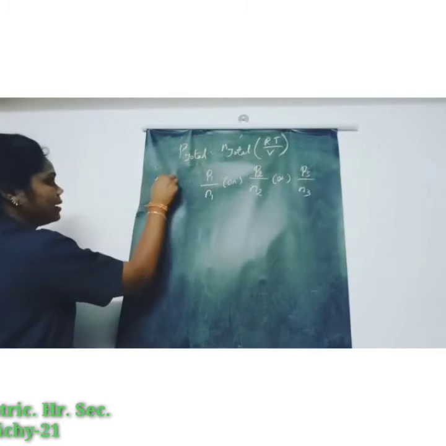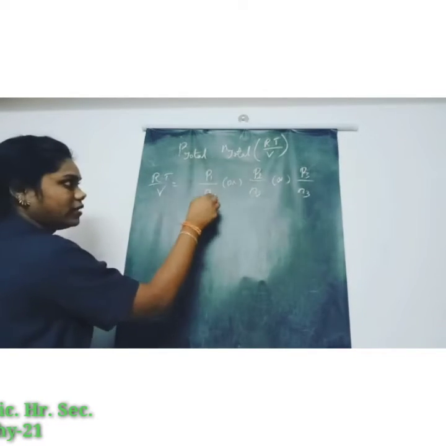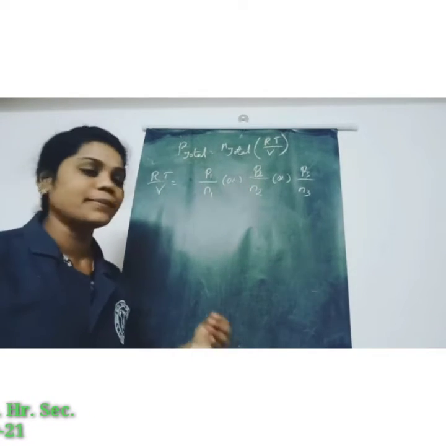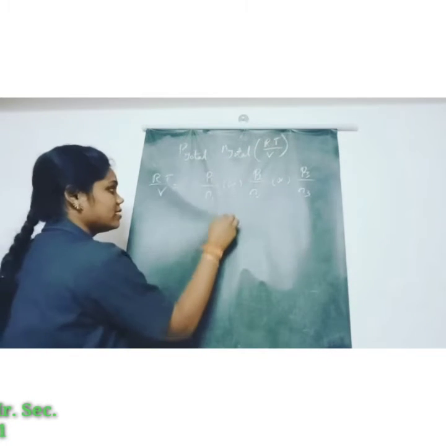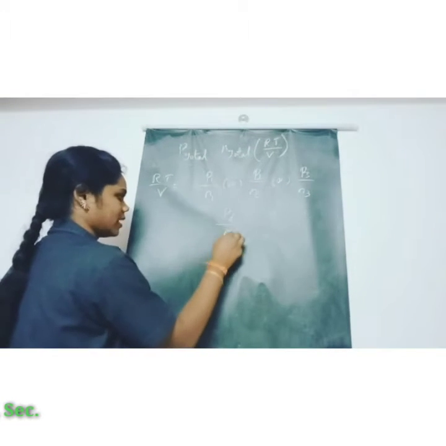So RT by V is equal to P1 by N1 or P2 by N2 or P3 by N3, or in general Pi by Ni.